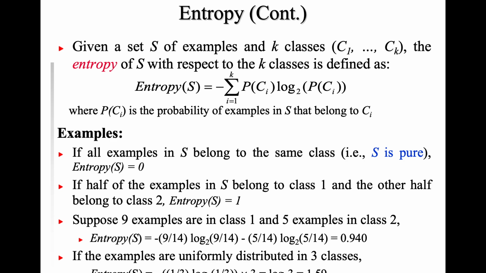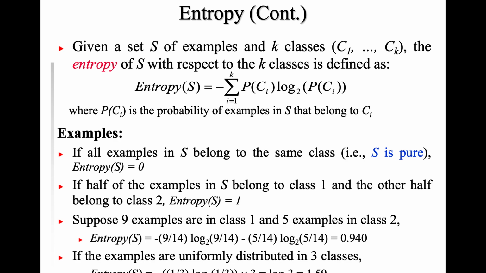Now, if half of the examples in S belong to class 1 and half of them belong to class 2, what would be the entropy? Why is it 1? So what is the probability that an instance belongs to class 1? If half of them, let's say we have 10 instances, 5 of them belong to class 1, 5 of them belong to class 2, what is the probability that an instance belongs to class 1? 50%, right?